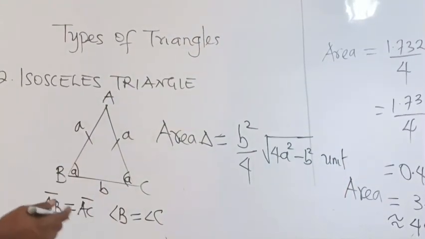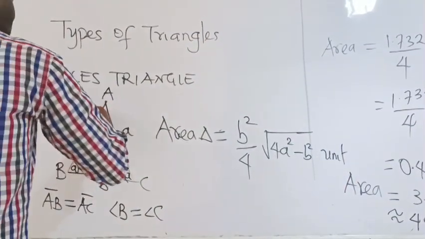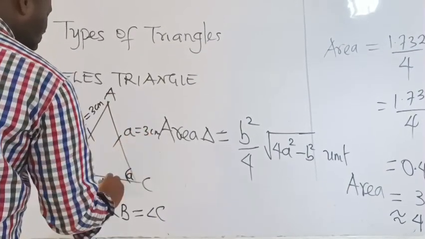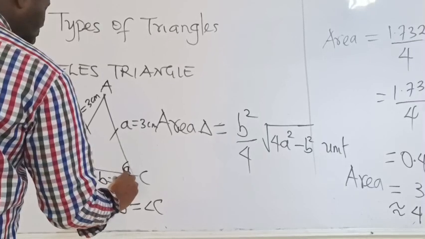So let me give an example. Let's say side A is 3 centimeter, this is also 3 centimeter, and let's say this is about 4 centimeter.